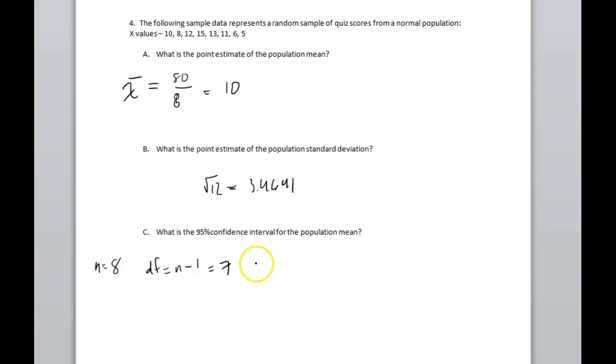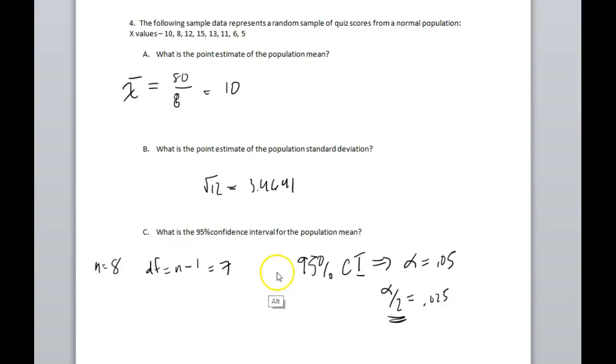It's asking for a 95% confidence interval. So 95% CI implies alpha equal to 0.05, and thus alpha half is equal to 0.025, because that's what we're going to be looking for in our table.